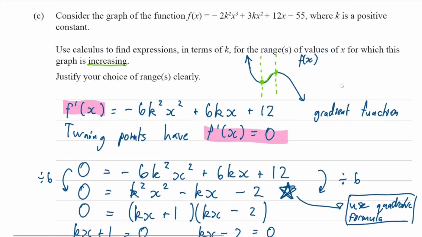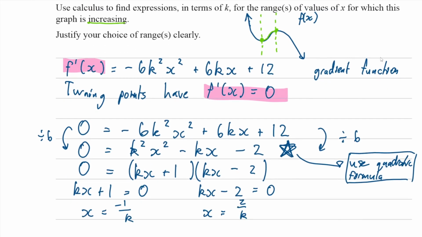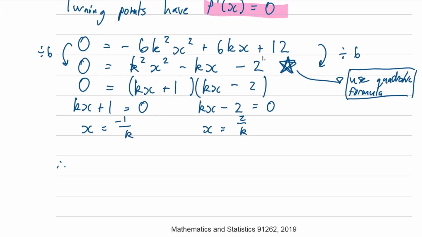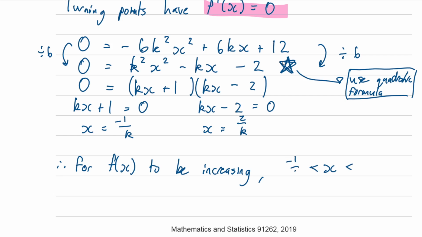Cool, so we've worked out the x values of the turning points. So now how do we put that into a final answer? So we would say, therefore, for f of x to be increasing, in other words, a positive gradient, x must lie between -1 over k and 2 over k.